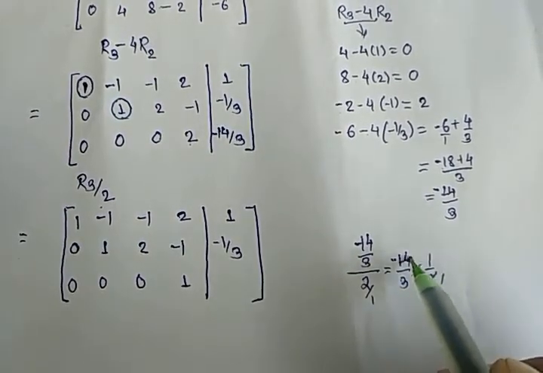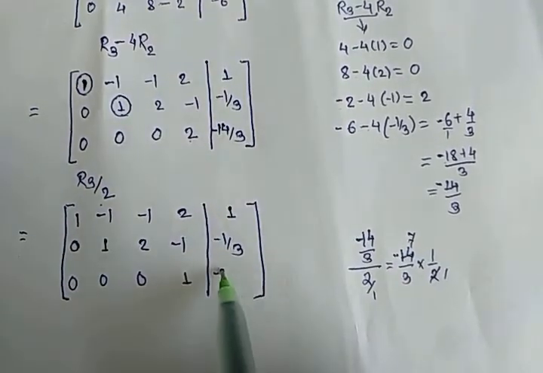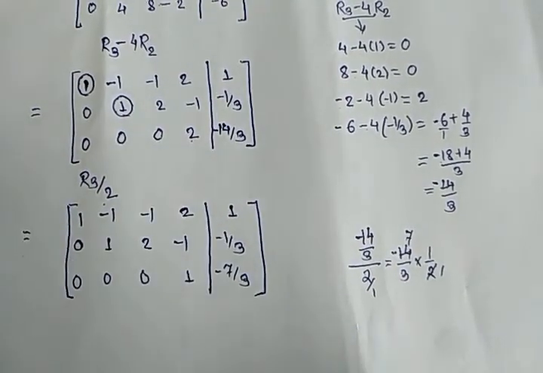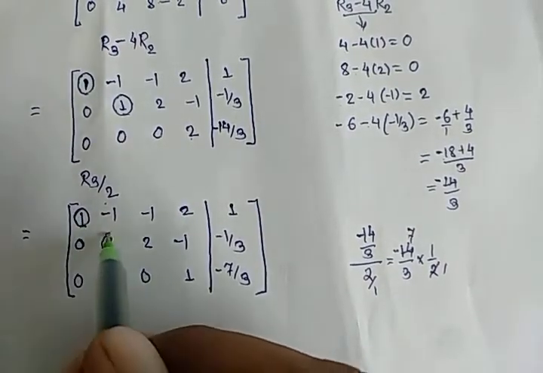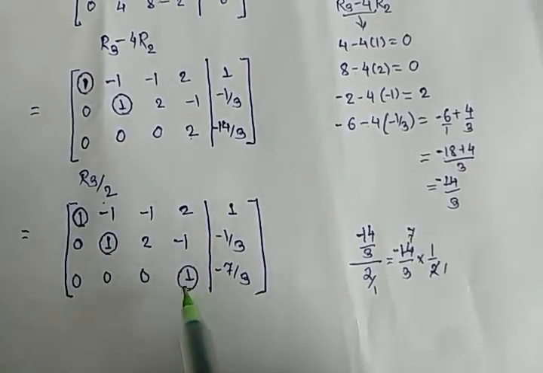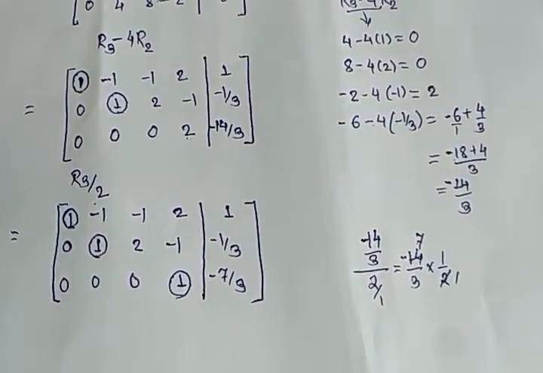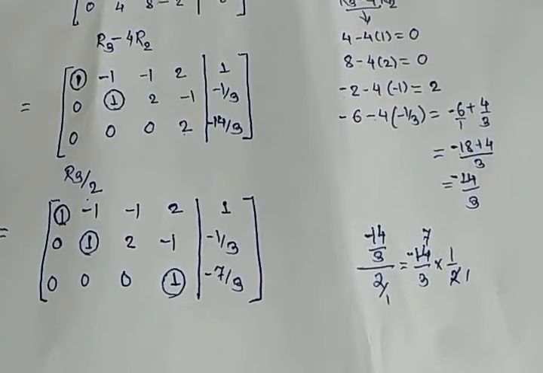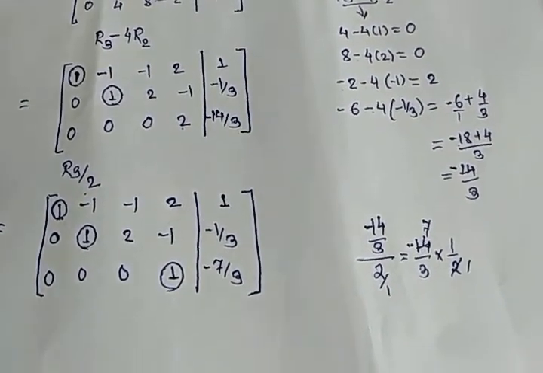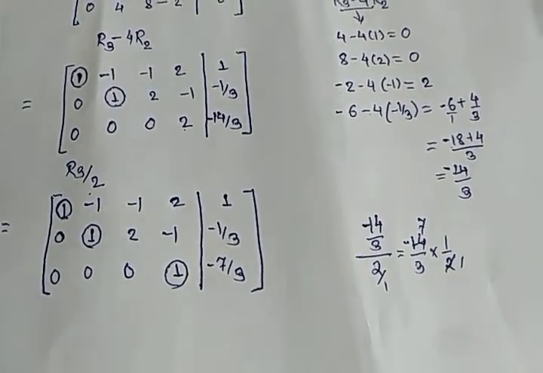So 2 sevens are 14, so it will be minus 7 upon 3, which is our row echelon form, with a leading one at the A11 position, A22 position and A34 position. Now we have to make it reduced row echelon form.